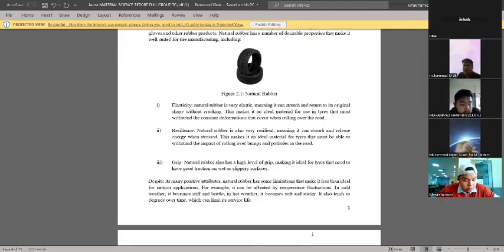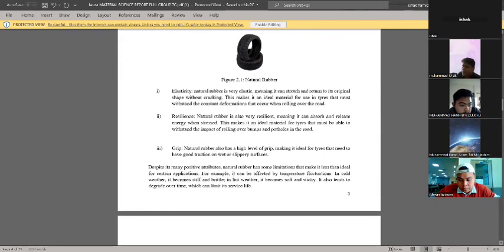When a tire is stressed, it is subjected to a significant amount of force or pressure. This can come from a variety of sources, such as the weight and speed of the vehicle. It is important to regularly check your tires to ensure that they are in good condition. And lastly, grip.